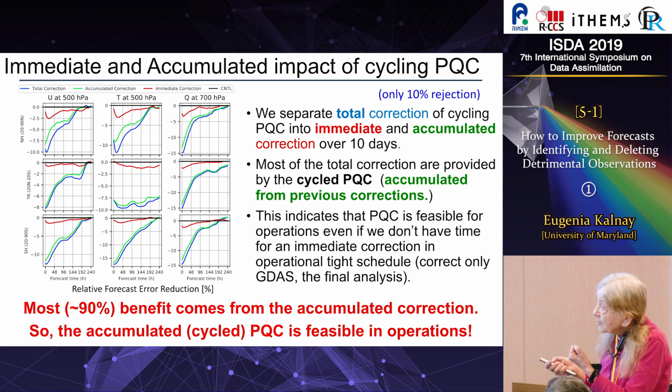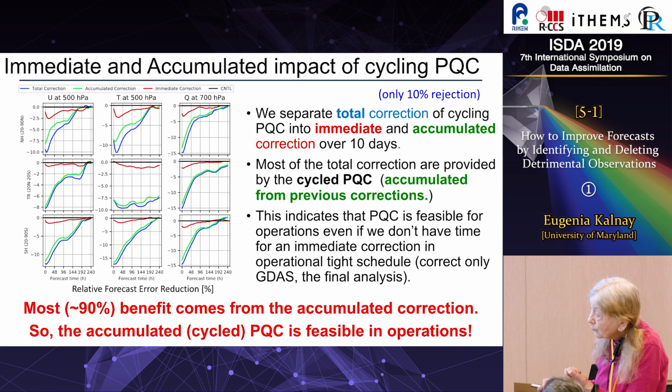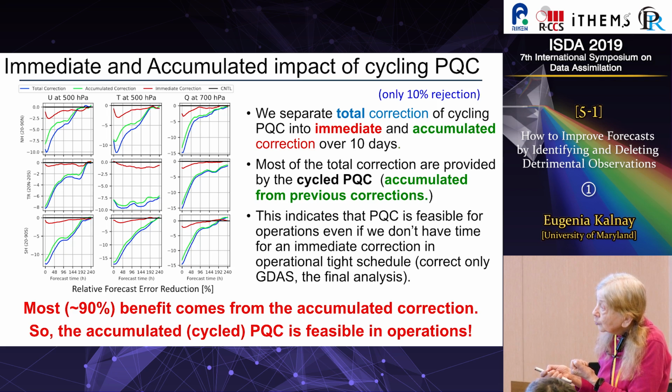And then we separate the total reduction, and this is 10-day forecast. So it's the average for 0 to 10-day forecast in the horizontal axis. And the blue is the total reduction of percentage error.